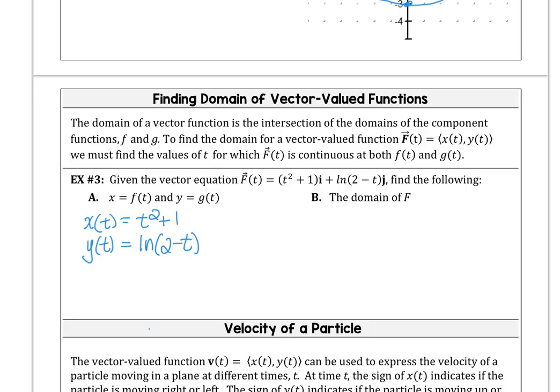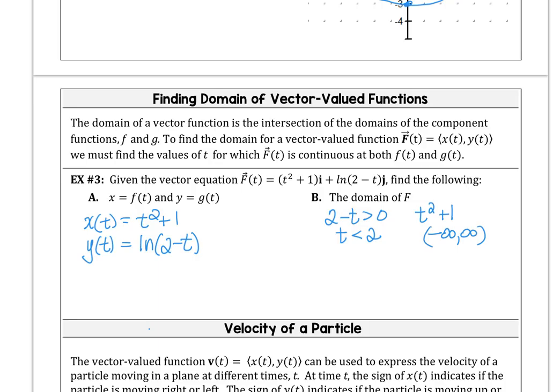Finding the domain of f, we know that natural log 2 minus t has to be greater than 0, so t is going to be less than 2. But t squared plus 1 is going to have a domain of all reals, so there's no restriction on the x of t component.